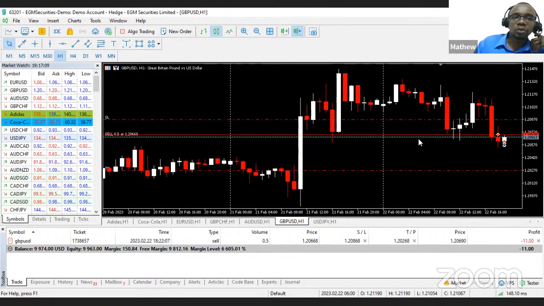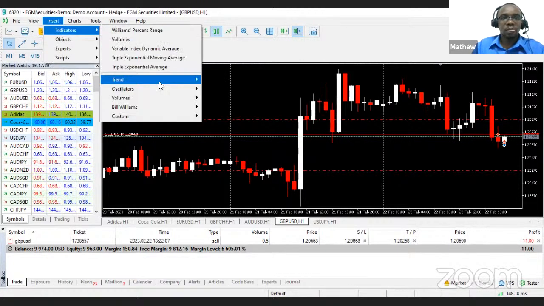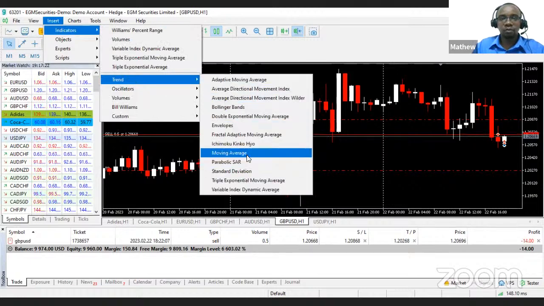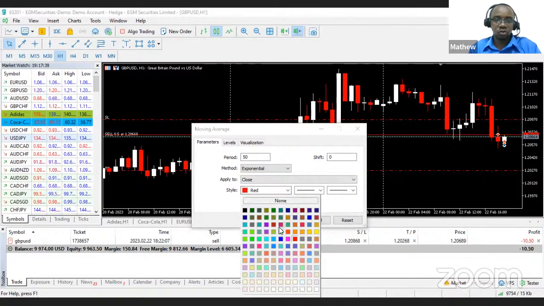Now, let's go back to something else here. I wanted to look at how to set out indicators, right? So for example, you want to set out indicators, let's say you want to use the moving average. Let's say you want to use the EMA, let's say the 50 EMA. So you can come here, say the exponential EMA at close, then maybe change this to a blue color.